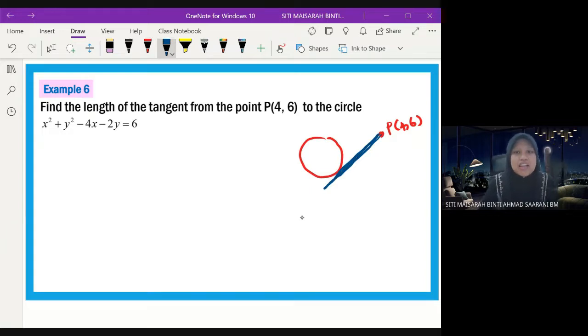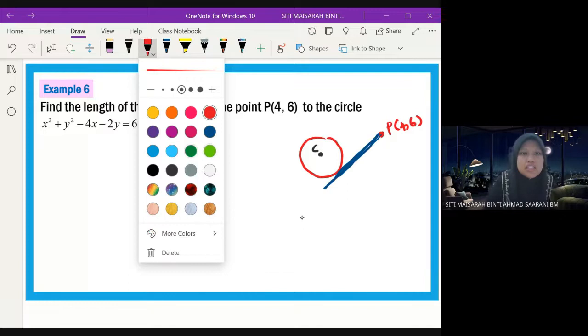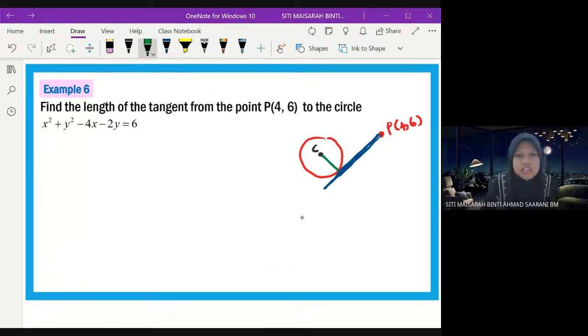Sini ada center. Yang ni radius. Dalam kes ni radius dia berapa? Boleh cari kan?